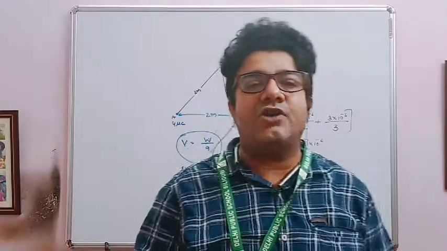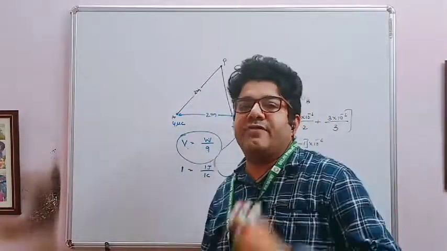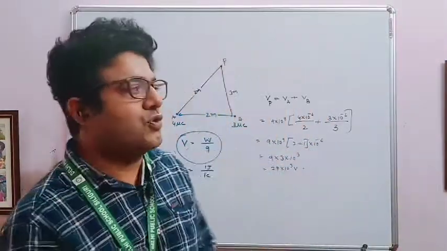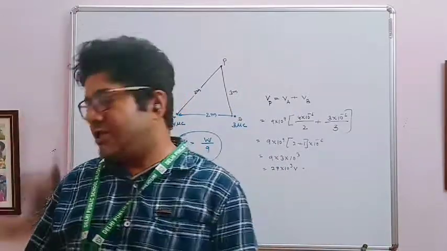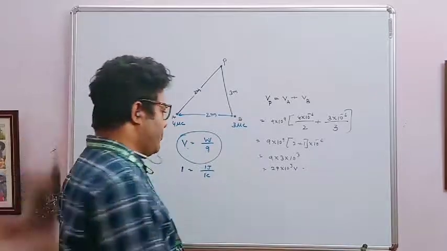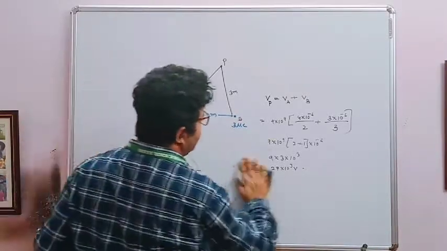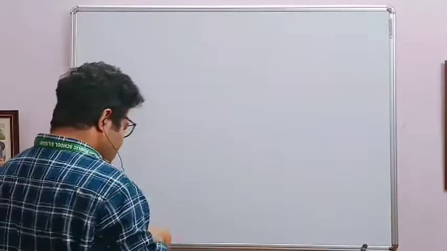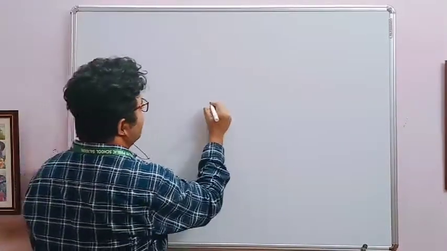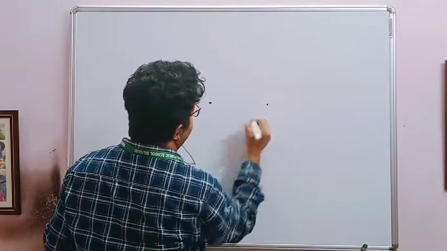If we bring 1 coulomb charge particle from infinity to a point so that the work done is 1 joule, then the potential is called 1 volt. Hope you understand. Now they can ask you so many types of questions. Like, one more question I want to give you.